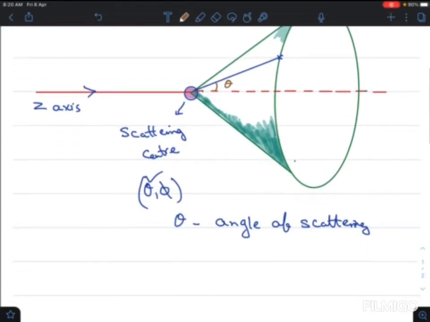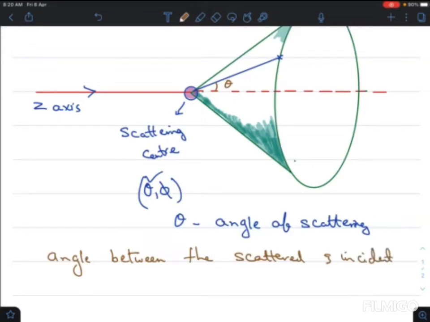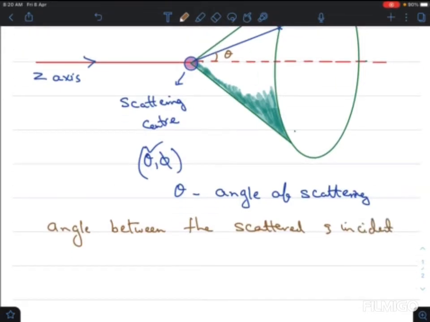So what is the angle of scattering? It is an angle between the scattered and incident directions.